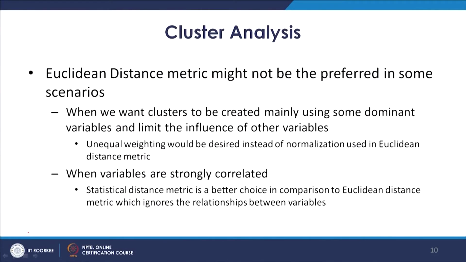The other scenario is when variables are strongly correlated. This particular aspect we have discussed in our previous course as well. Euclidean distance metric cannot account for correlation between variables. So there is another metric called statistical distance metric or Mahalanobis distance, which we have discussed in the previous course as well.